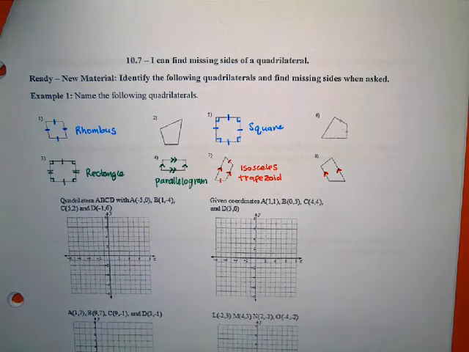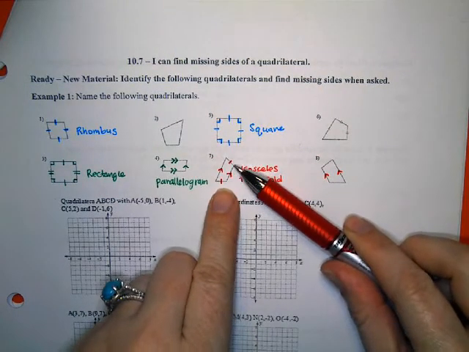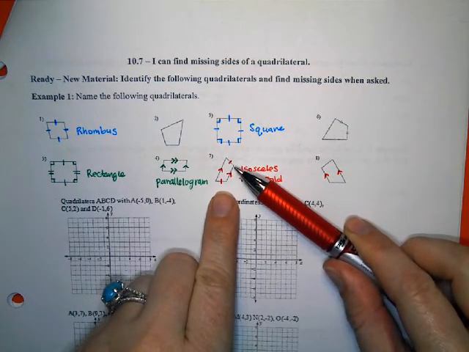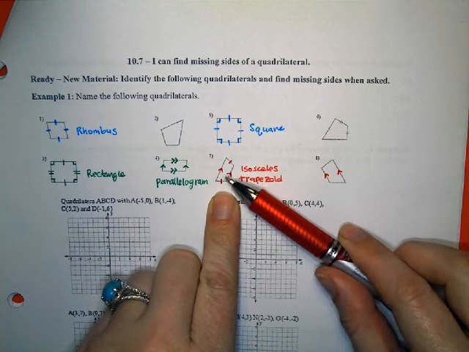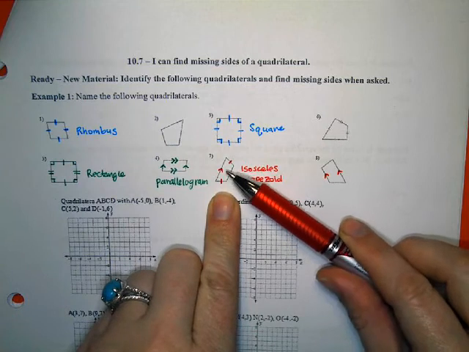Have you heard of an isosceles triangle? Why is it an isosceles triangle? 2 equal sides. This one is an isosceles because of the 2 congruent sides. The trapezoid comes from those arrows, the 2 parallel.